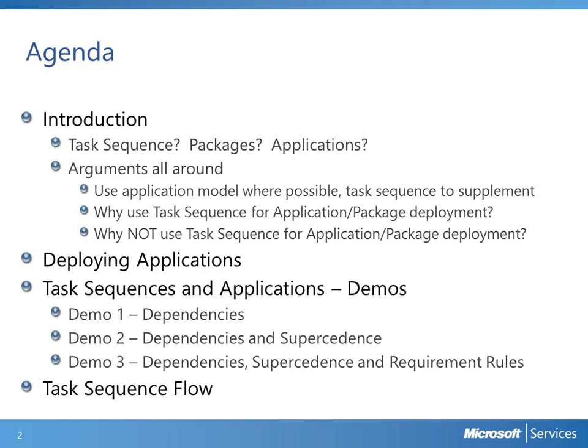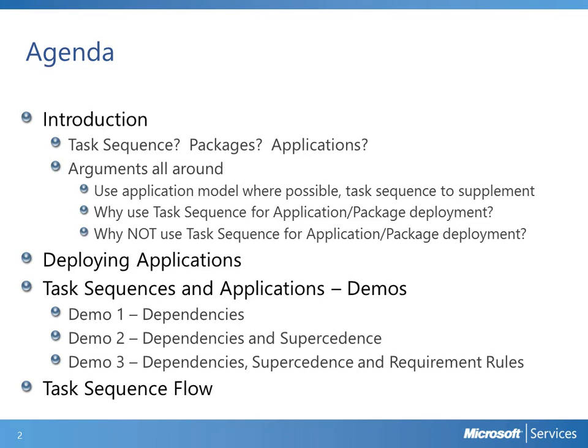So why would you use the task sequence engine in Configuration Manager 2012 to deploy applications? And I'm going to focus on applications again. Certainly, packages would apply as well to this discussion, but focusing on applications. If you really need total, complete flexibility over your deployment, then using a task sequence gives you that. All right. Task sequences can really help drive very complex deployments.